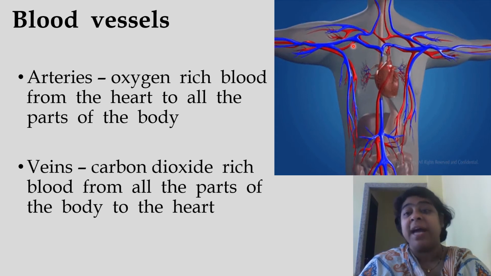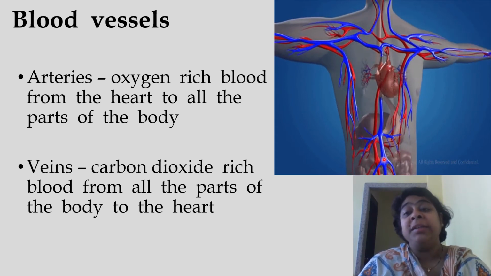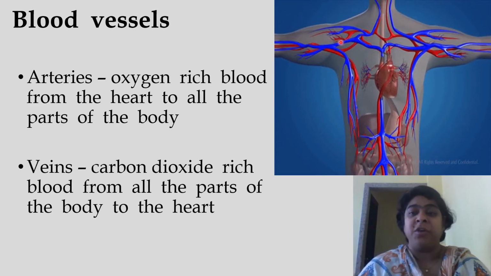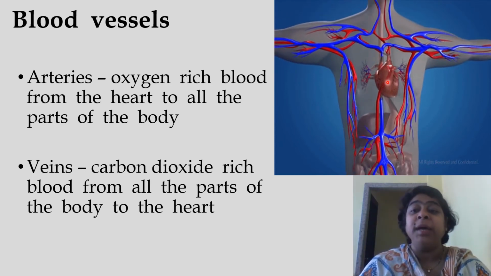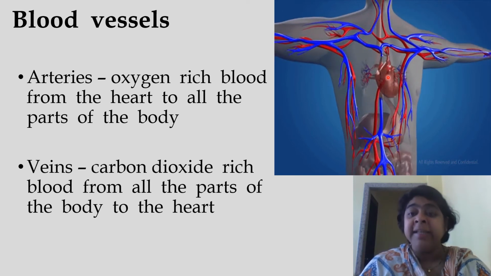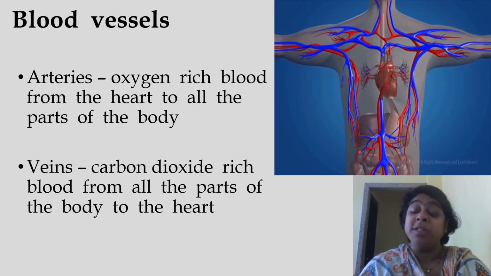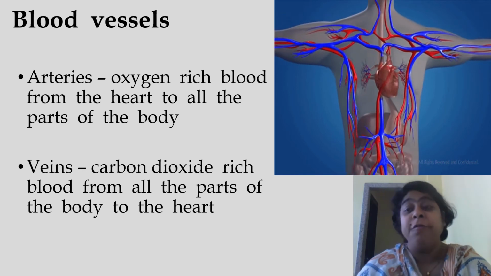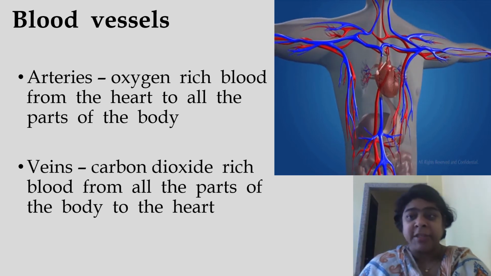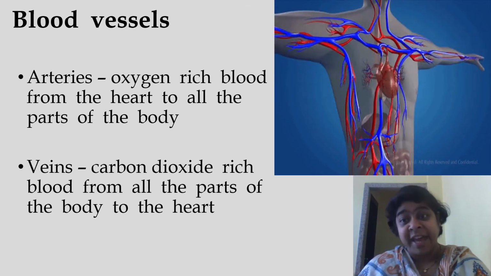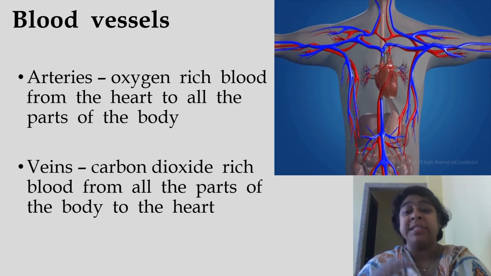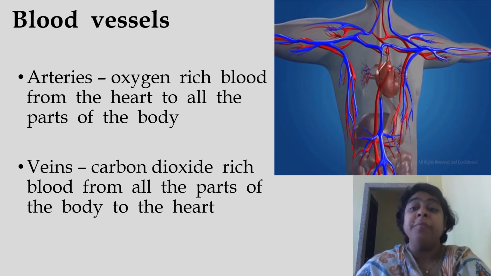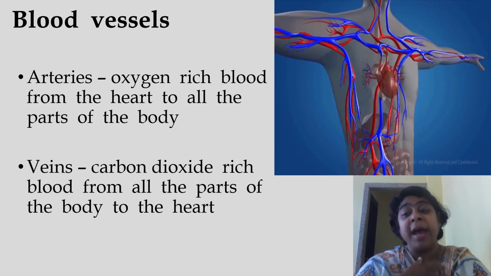And these veins carry carbon dioxide rich blood from all the parts of the body to the heart. So the arteries carry oxygen rich or oxygenated blood from the heart to the other parts of the body, whereas the veins carry deoxygenated blood or carbon dioxide rich blood from the other parts of the body to the heart.